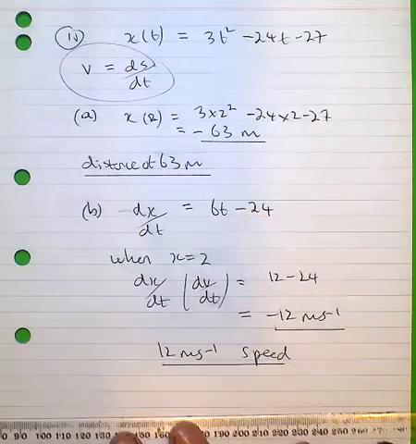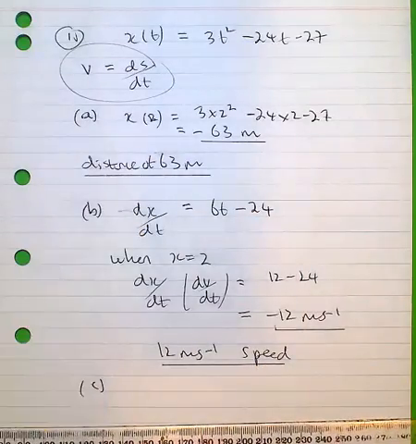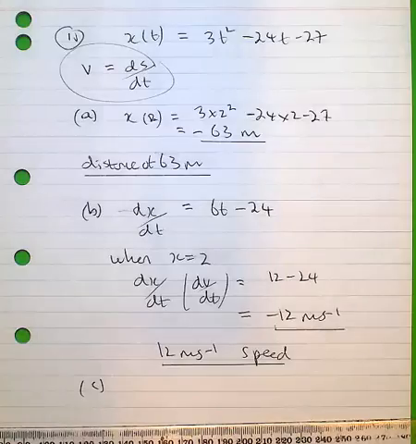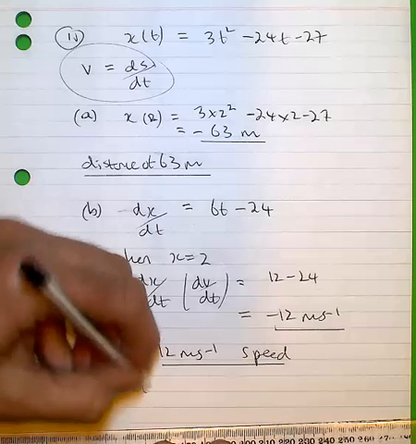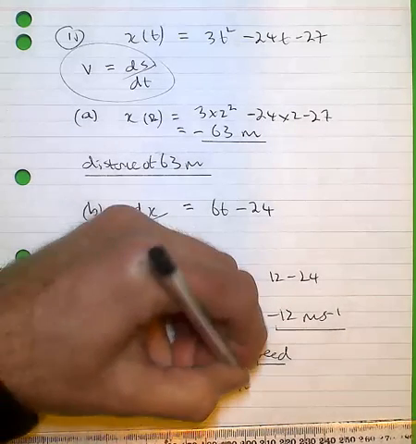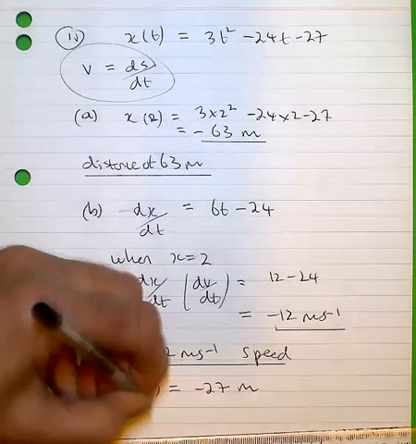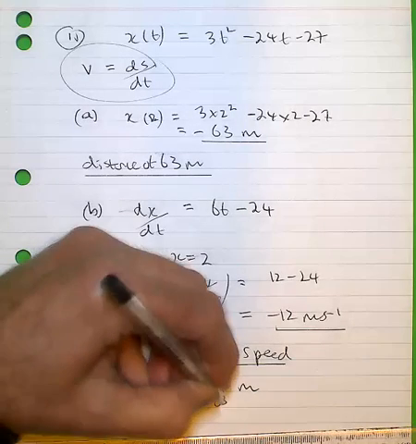Now, the average velocity of the object over the first 2 seconds. What I've got to do is find the displacement of the particle over the first 2 seconds. So x of 0 is negative 27 metres, and as we've established, x of 2 is negative 63 metres.